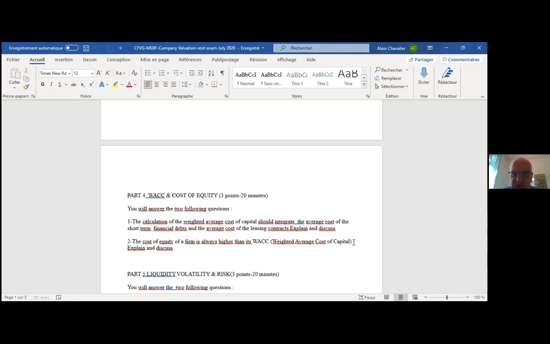When you increase the percentage of debt in the WACC calculation, you increase also the difference between the cost of equity and the WACC. It's always true. There is no exception there.